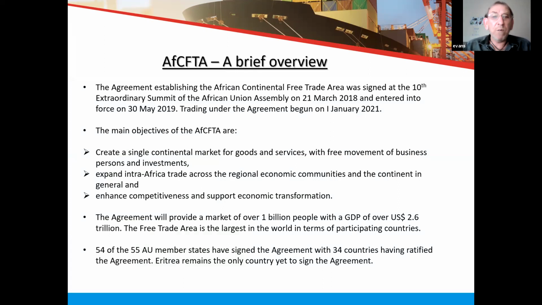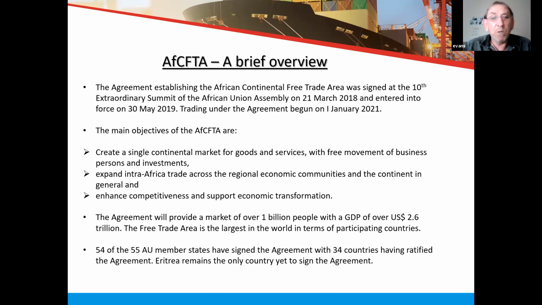So what is the African Continental Free Trade Area Agreement about? It is an agreement establishing the African Continental Free Trade Area, which was signed at the 10th Extraordinary Summit of the African Union Assembly on the 21st of March 2018, entered into force on the 30th of May, and trading under the agreement began on the 1st of January 2021.